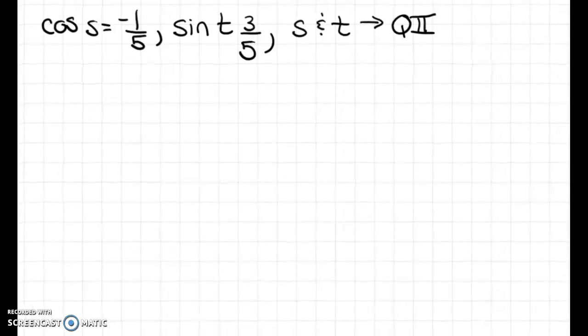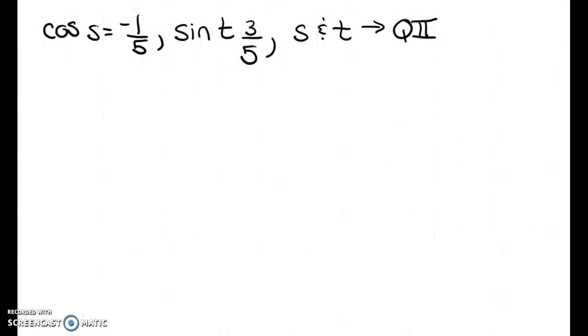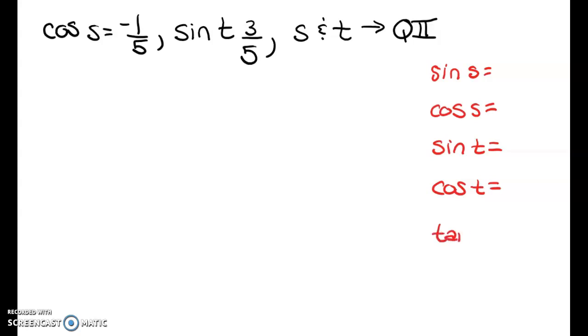All right, we probably have time for one more example here. So this time we're going to find the cosine of S. The same thing, the sine of S plus t, tangent of S plus t. So we need the sine of S, the cosine of S, the sine of t, the cosine of t, and then we need the tangent of S and the tangent of t.